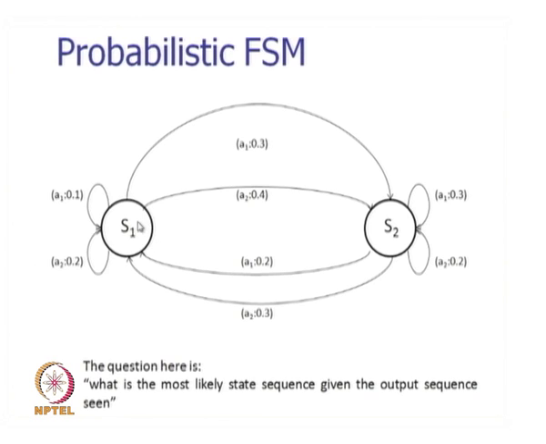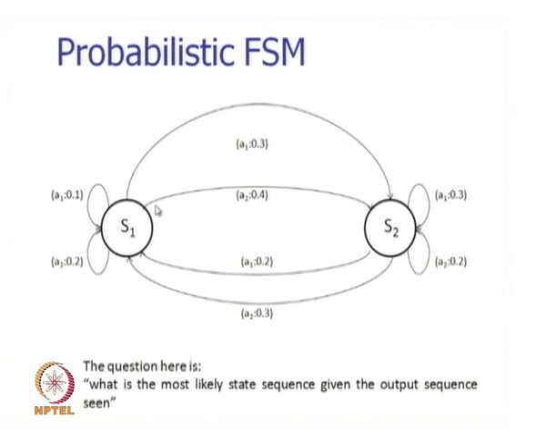That is why we can draw this kind of states with only one state symbol in it, S1 going to S2 on symbol A2. If I look at this arc, for example, this means that the probability of going to state S2 with output symbol A2 is 0.4.